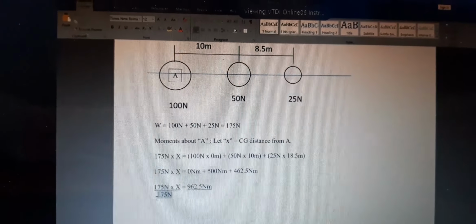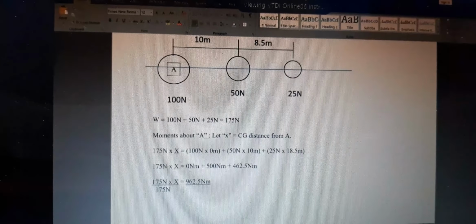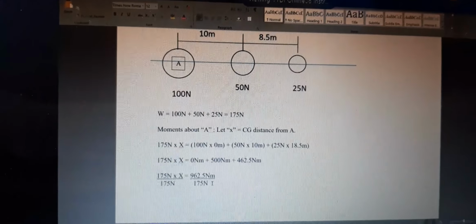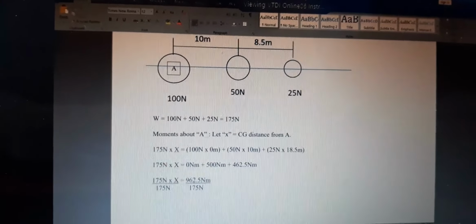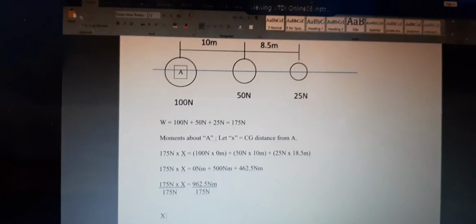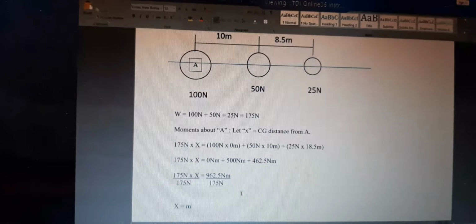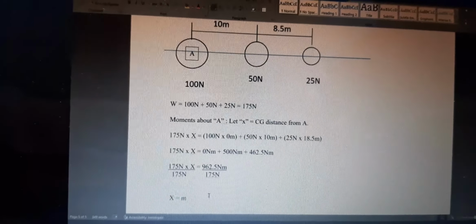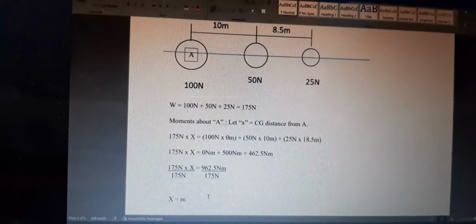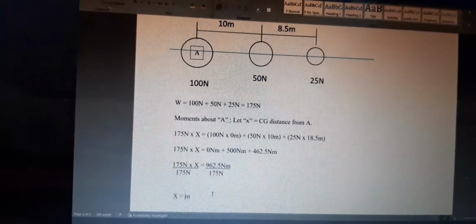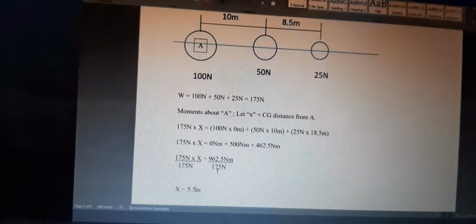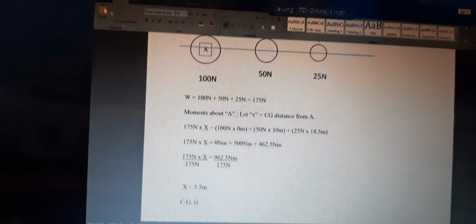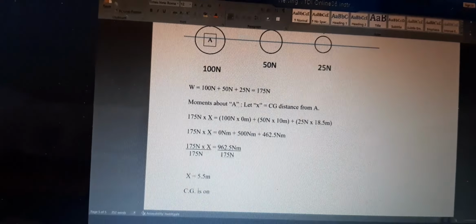With this now, when I say 175 Newton, you see the Newton cancels the Newton, so I am left with X is equal to meter as the unit. And what's the value? How much do you get when you divide it? 5.5 meters.